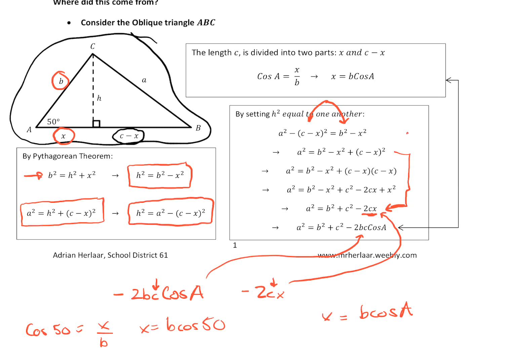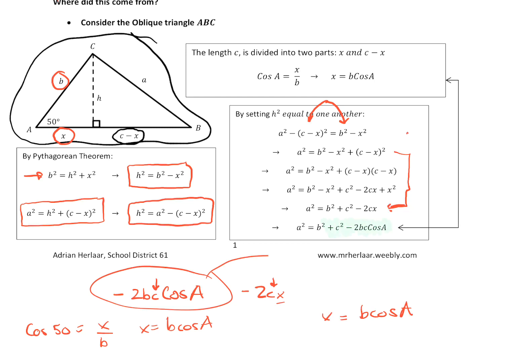Or in this case, to be more generic, b cos A. And it gets filled in instead of the x in the equation to give us that. So that is how they came about the cosine law, using that oblique triangle. And this is your example of one of your equations for the law of cosines.